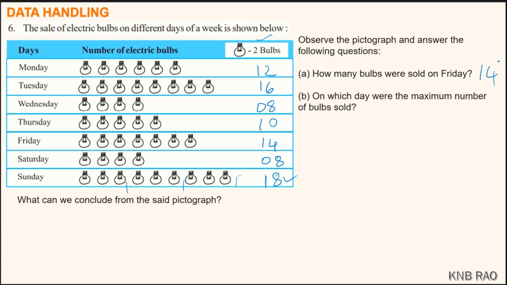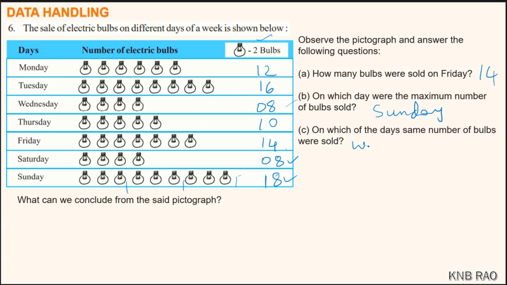On which day were the maximum number of bulbs sold? It's Sunday. Then, on which of the days was the same number of bulbs sold? 8 and 8, that is Wednesday and Saturday.